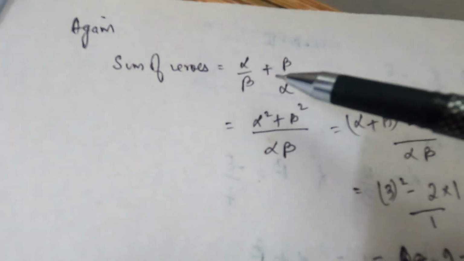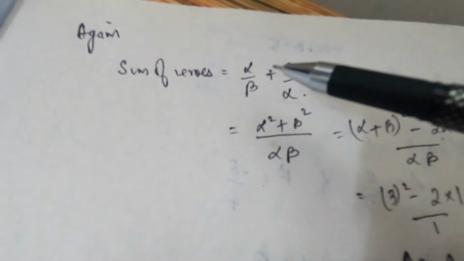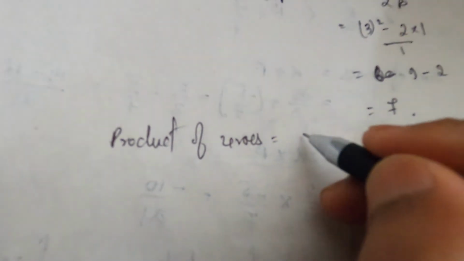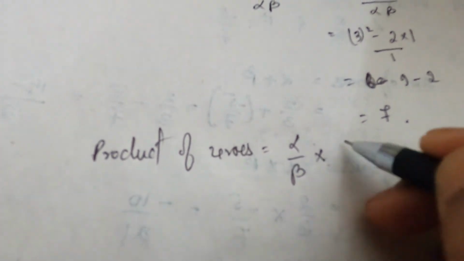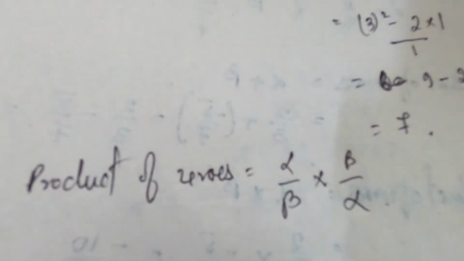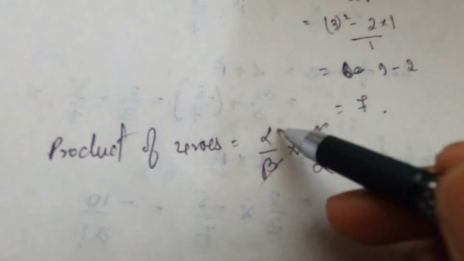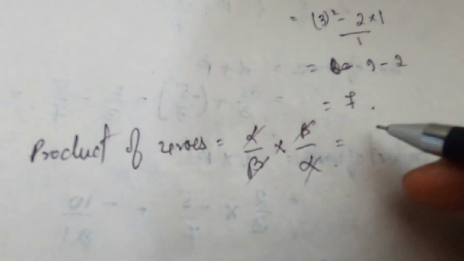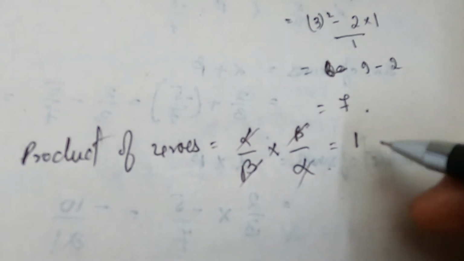So sum of zeros of these two zeros will be 7. Now let's find product of zeros. So product of zeros will be alpha by beta into beta by alpha. So this one is very simple, beta cancel, alpha cancel. So what are we getting over here? 1. All right, so now the last thing is what we need to find, a polynomial.